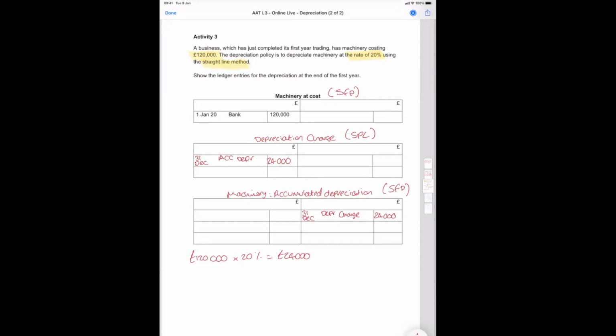Okay, so what that looks like within the accounts is that we've got the machinery at cost is worth £120,000 when we bought it.